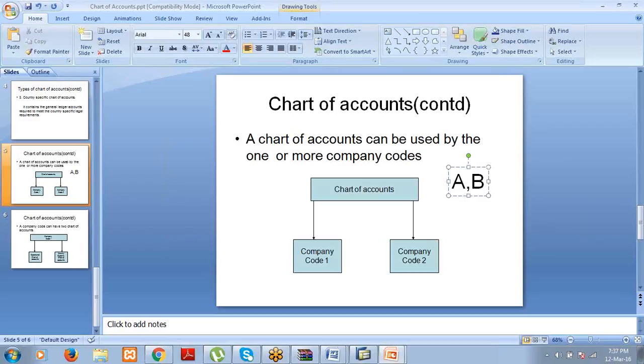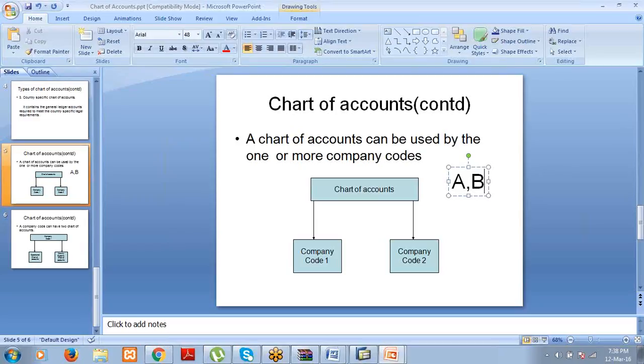So the first condition is that all the company codes should be in the same nature of business, and all the company codes should be in the same country. Why? Because we maintain the GL accounts to meet the country's legal requirements, and generally the legal requirements of two countries are entirely different. In that case, how can you use the same GL accounts? That is the reason why.